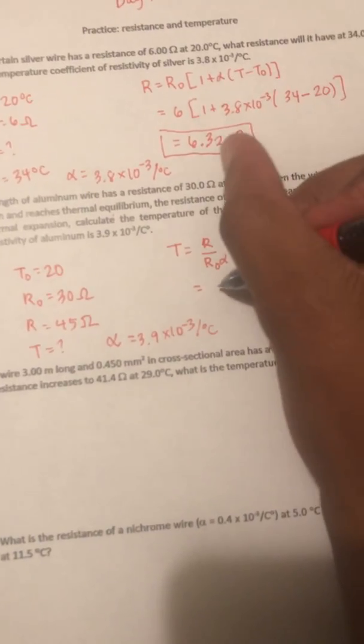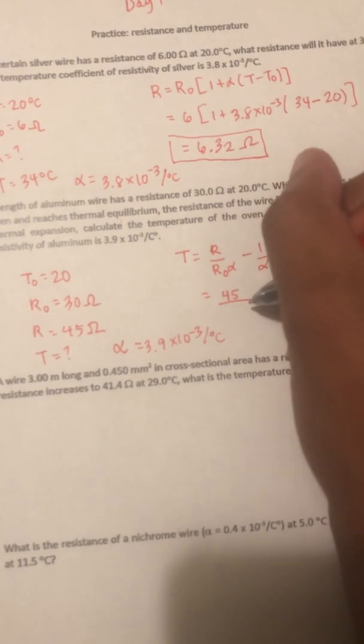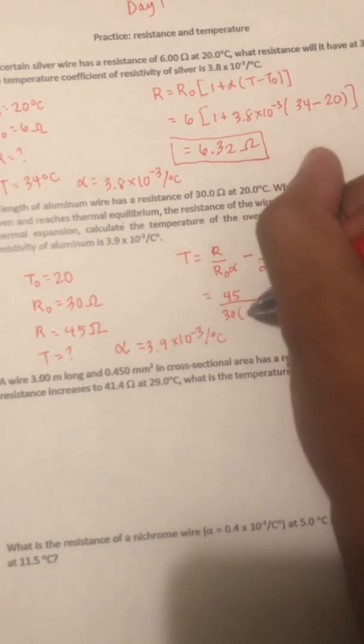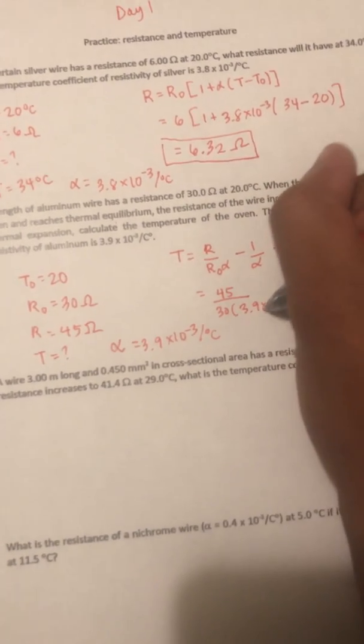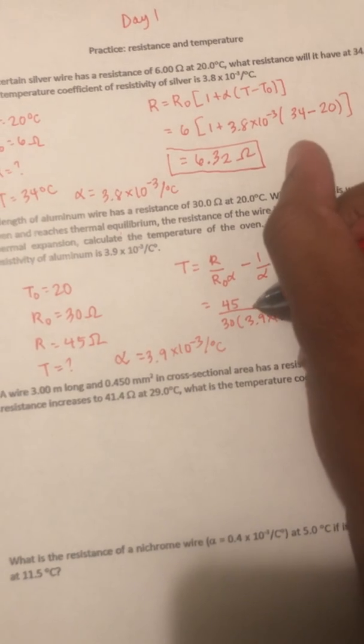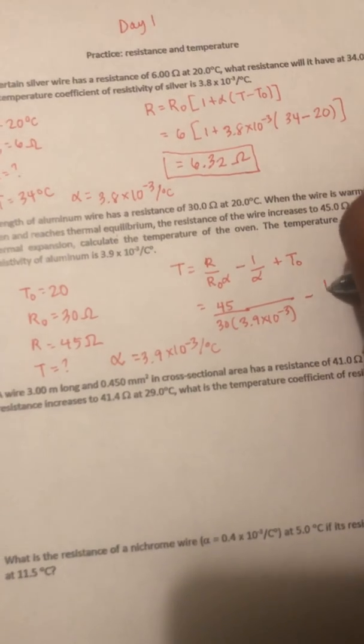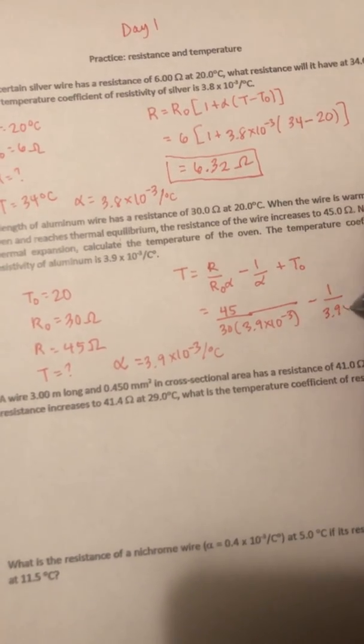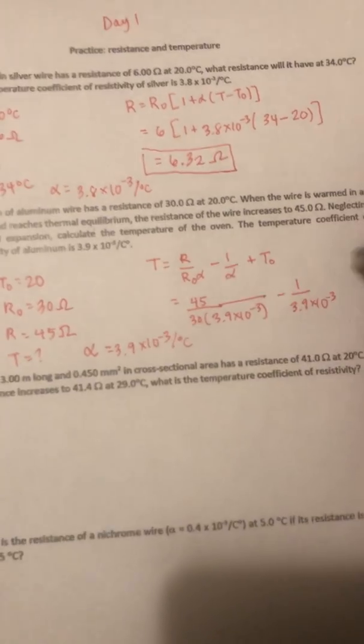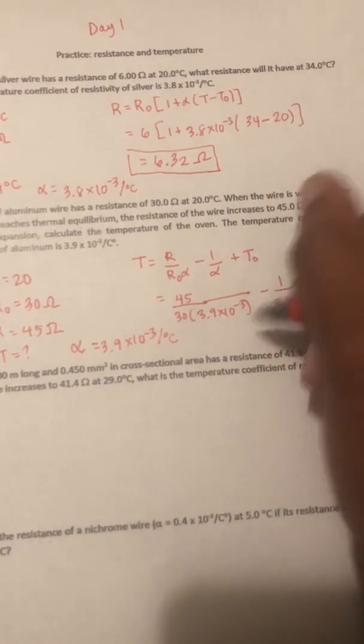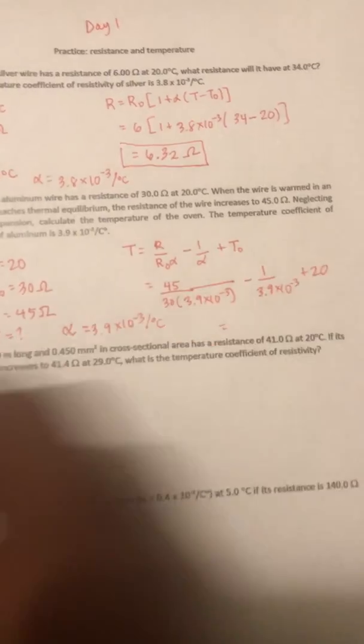So it's going to be 45 divided by 30 times 3.9 times 10 to the negative third, minus 1 over 3.9 times 10 to the negative third, plus 20. Let me put this in my calculator.